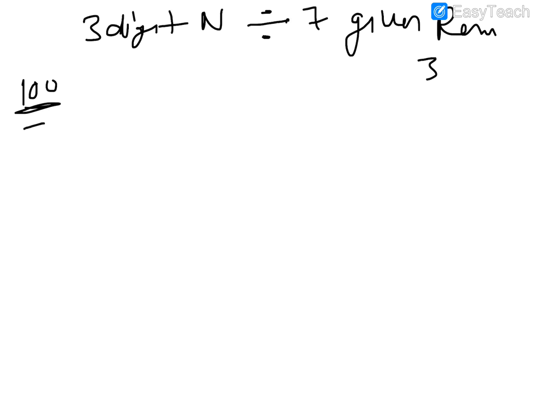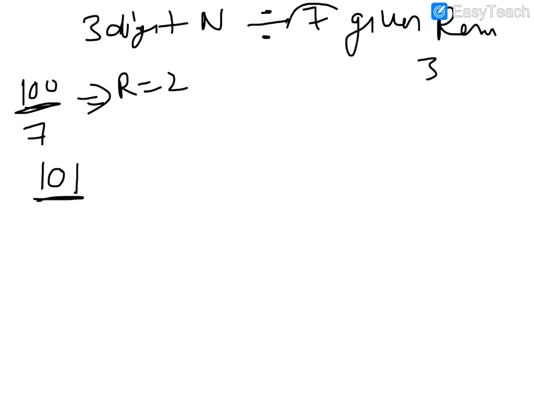If I divide it by 7, what am I getting as remainder? 7 14 is 98, I am getting 2 as a remainder. But I need remainder 3. So the term will be 101.